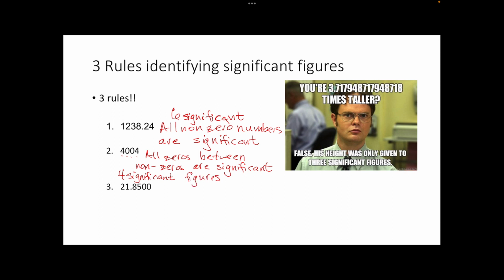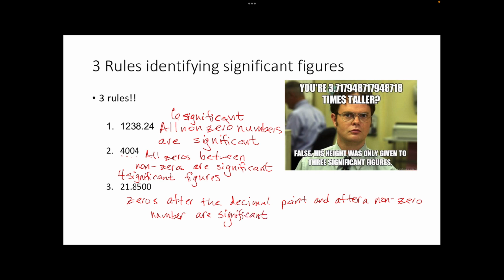And the last one is that zeros after a decimal point, and they have to be after a non-zero number, are significant.